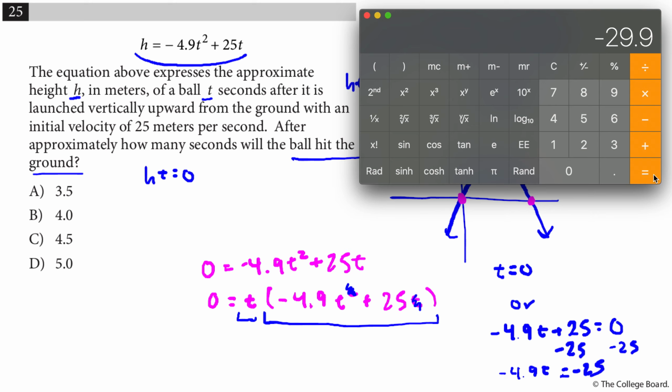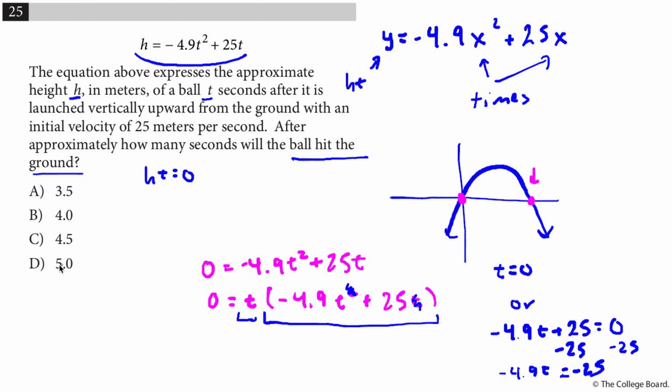That's about 5.10, and so the closest answer is going to be 5. I can ignore the t equals 0 case here because that is where we started, not where it hits the ground.